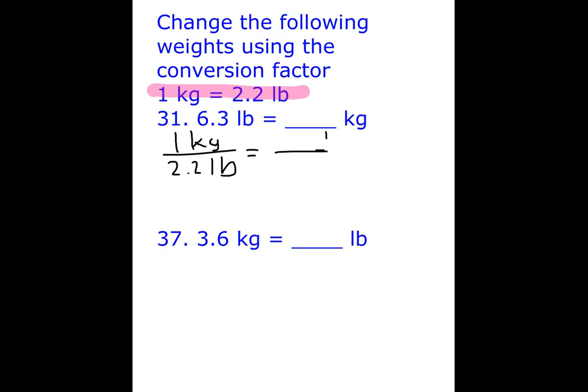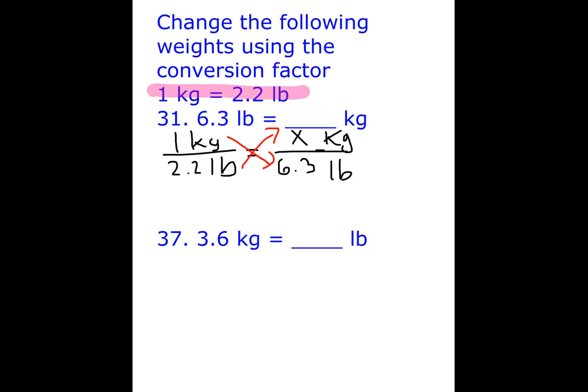So again, kg has to be the same and pound has to be the same. So numerators are the same, denominators have the same values, or the same units, I mean. So in this case, we want to know kg, so we're going to put an x value there. And we know 6.3 pounds. That's what we have. So we're going to go ahead and do our cross multiplication.